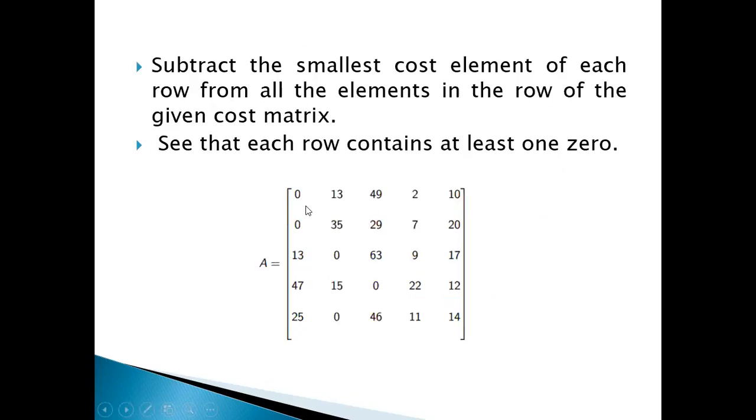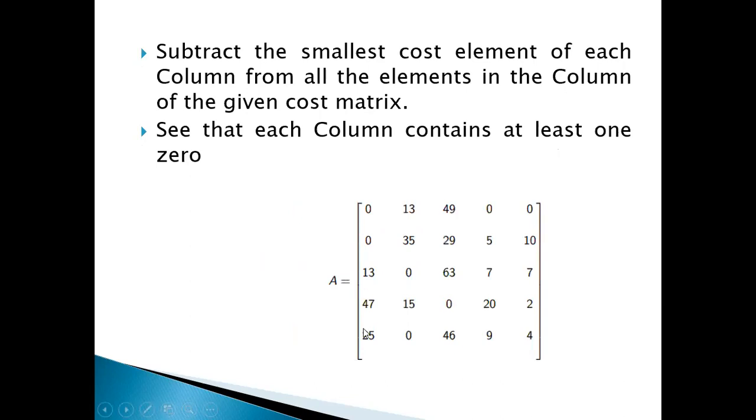Sorry, small correction. Here, go to the previous iteration. 0 is the minimum number. So we have to subtract 0 from all other numbers. So 0 minus 0, you will get 0. 13 minus 0, you will get the same value. You can see here the column 1.